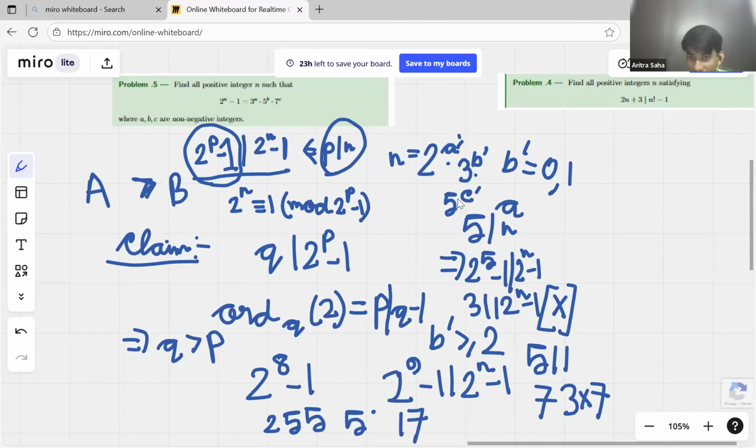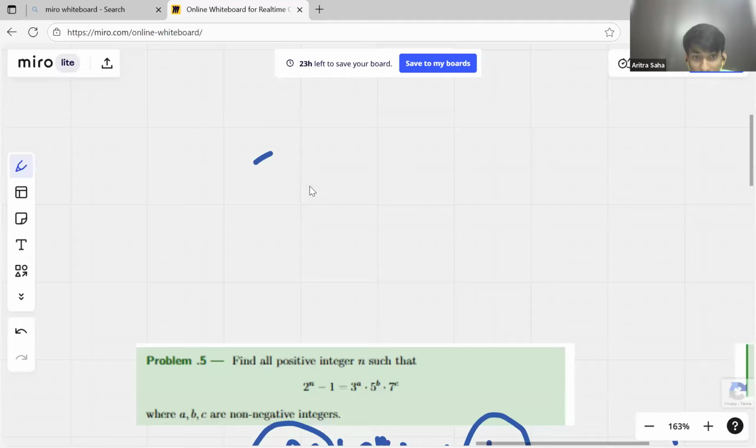And now I'll show another idea which directly kills the problem, but you should not use that in an olympiad. I think using Zsigmondy in an olympiad is fine, but don't use it in an exam. So if you have a to the power n minus 1, you can also do it for plus 1 by the same method, which I'm not doing.